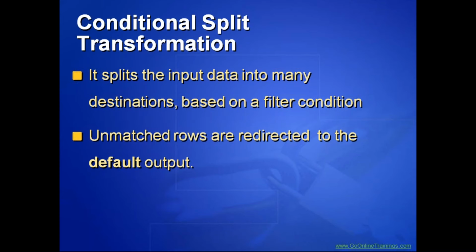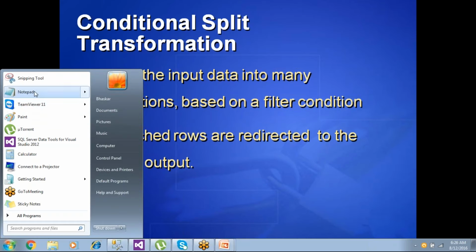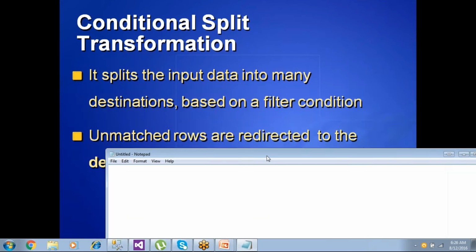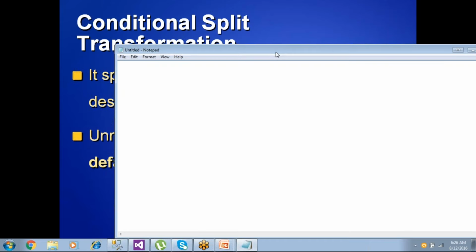So if you have some data and you want to apply some kind of limitation or filter on it, you can do it here. For example, yesterday I gave you this example, right?